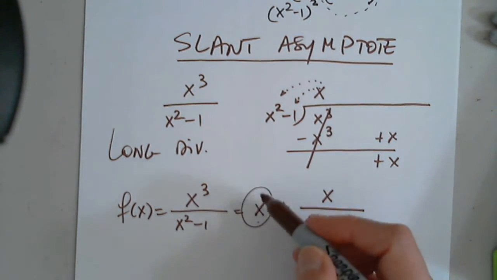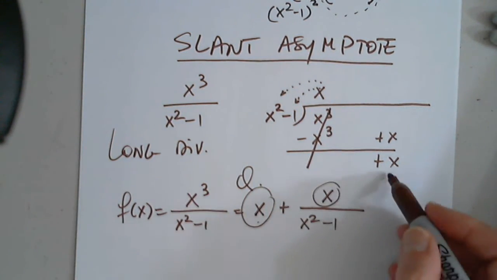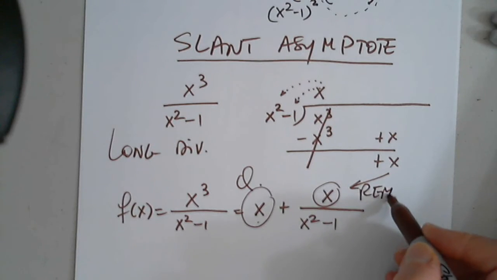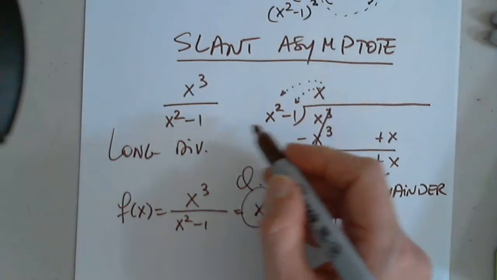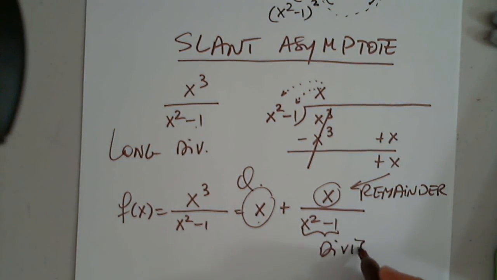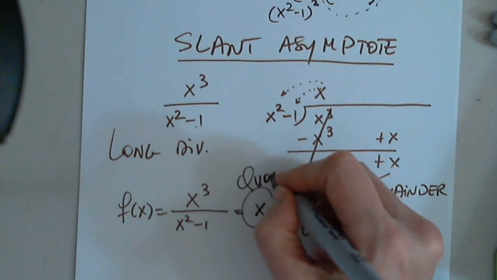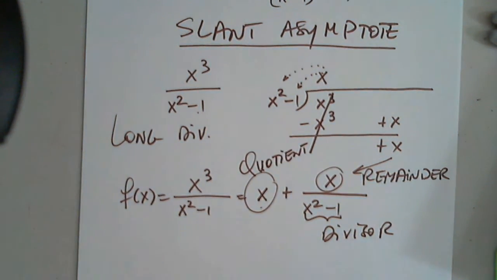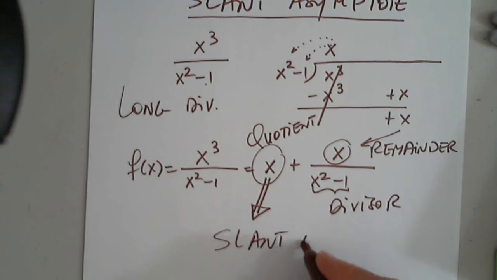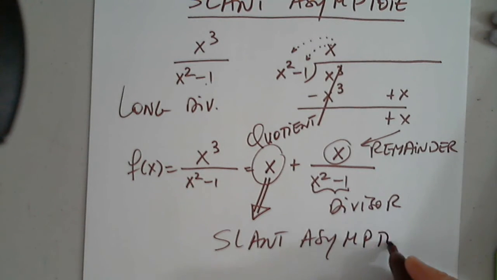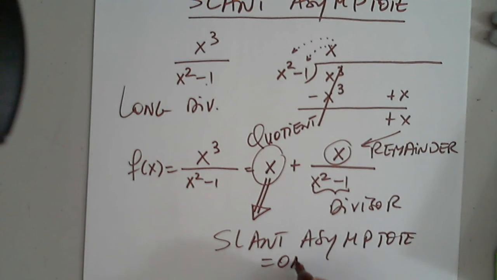This is the quotient, this is the remainder, and this is the divisor. Only this is the slant asymptote. Only the quotient.